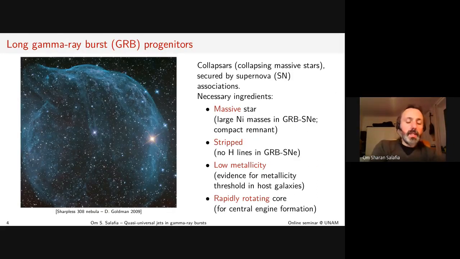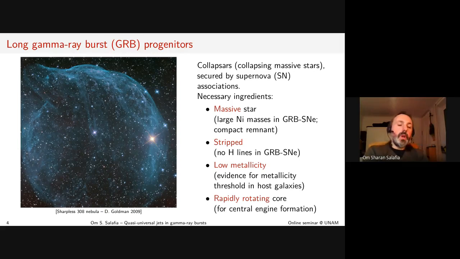All this is corroborated and supported by the association of a number of long gamma ray bursts with supernovae. So we have a number of GRB-associated supernovae, and this leads to the idea that the progenitors of long gamma ray bursts are collapsars, so collapsing massive stars.